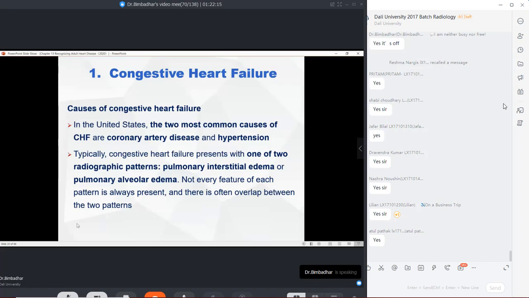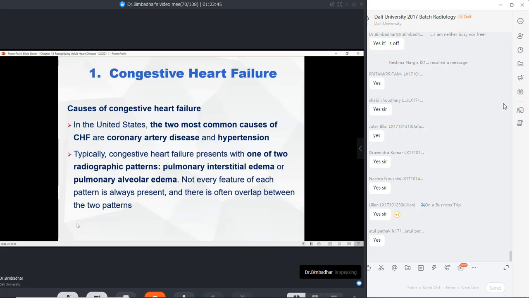Coronary artery disease is nothing but arteriosclerosis, okay, deposition of the atheromatous sclerotic plaques inside the cardiac arterioles. The blood supply of the heart being obstructed by the atheromatous sclerotic plaques is called coronary artery disease.